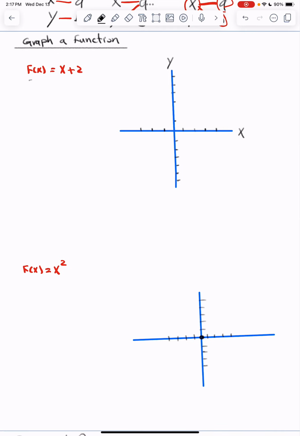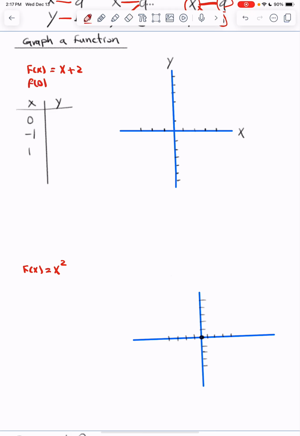To graph a function, usually I start with creating a table and come up with some points. So x and f of x, which you can call y. It's very common. So I'll give some values to x, and then I calculate f of x, or y.